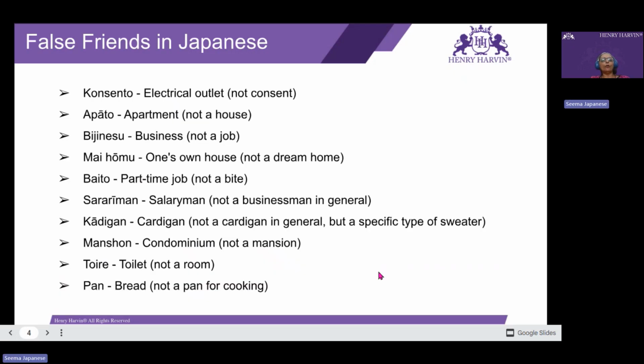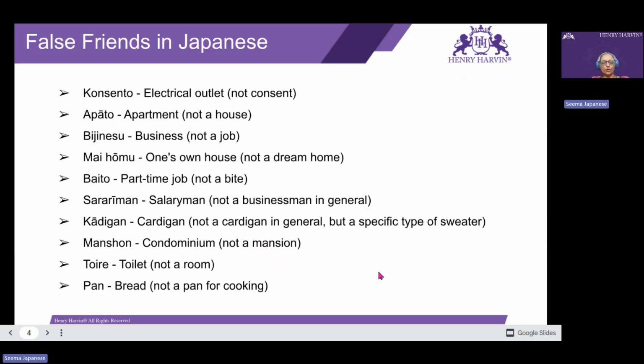Now, false friends in Japanese, so we are taking care of more words. Consento, electrical outlet, not consent. Apato is an apartment, not a house. Business is business, not a job. My home, one's own house, not a dream home.